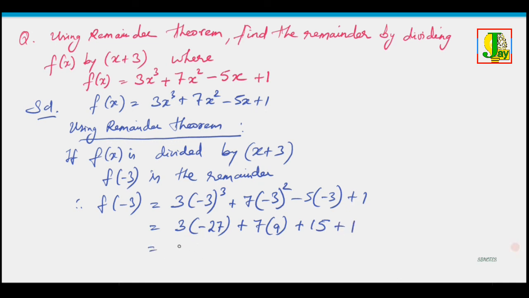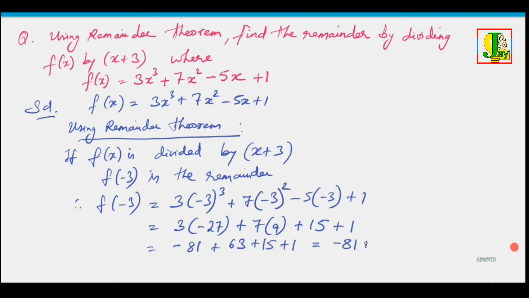So this one is minus 27 into 3 minus 81, 63, plus 79. That is minus 2. So remainder without division is minus 2.